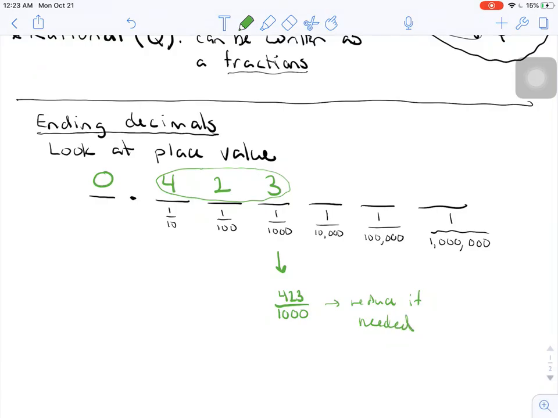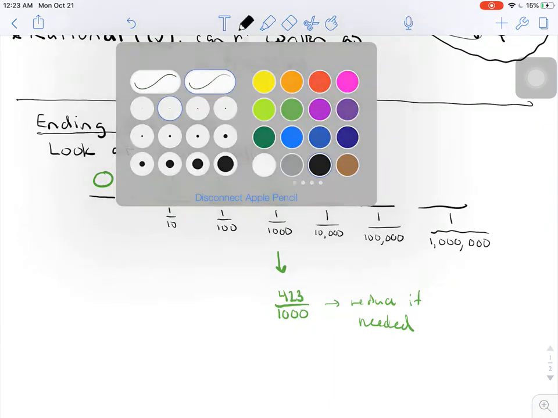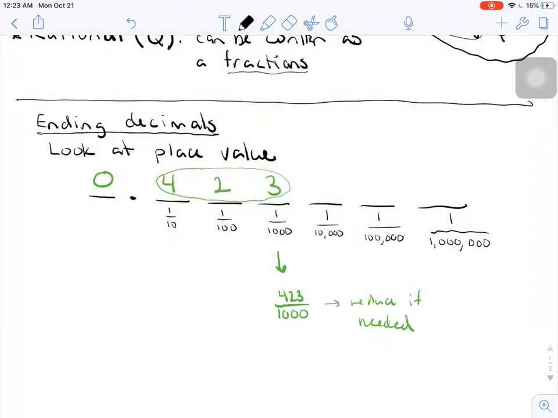So ending decimals, basically what it comes down to is look at the place value. So what it's going to end up being, if you want an outline, is the numerator is going to become everything after the decimal point over whatever the last decimal place is.